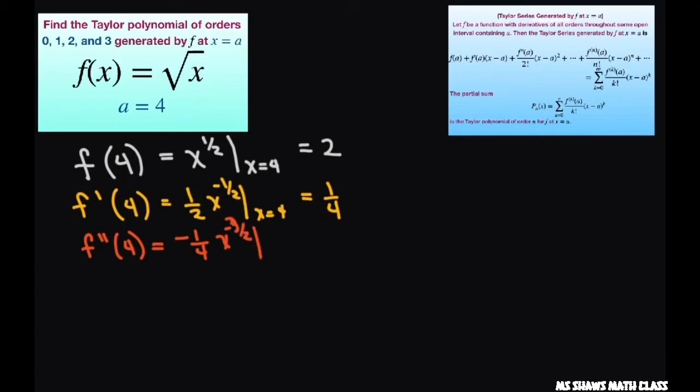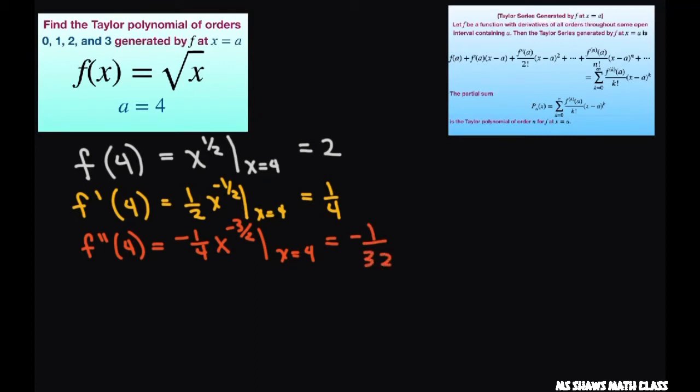Let me erase this, sorry. I'm going to have to write this a little bigger. So x to the -3/2. Okay, at x equals 4, this is going to equal -1 divided by 32.